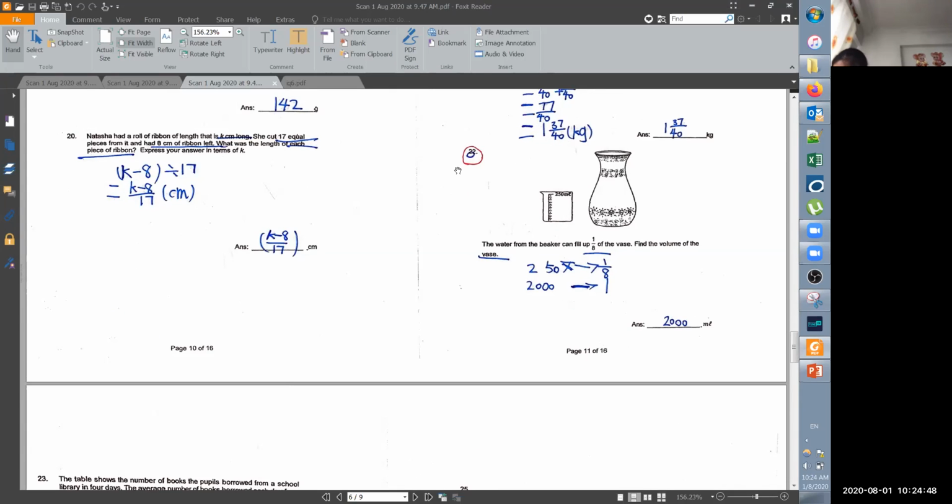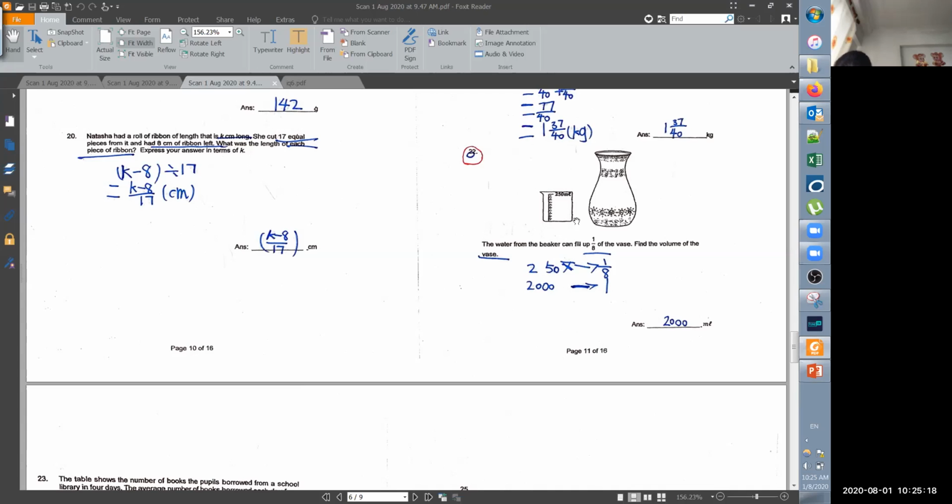Okay, what is this? The water from the beaker can fill up to 1/8 of the vase. So find the volume of the vase. Basically, you're not given the volume here, so I assume the water in the beaker is full, which is 250 ml. So 250 ml can fill up 1/8. So basically, you do 250 times 8, which is 2,000.